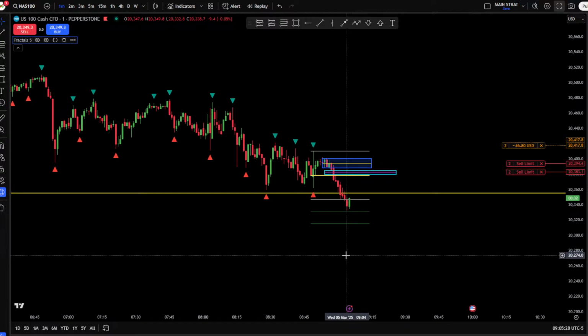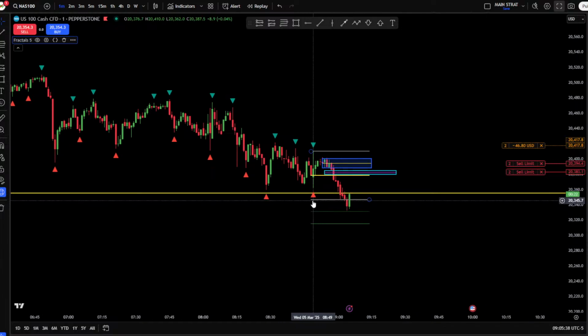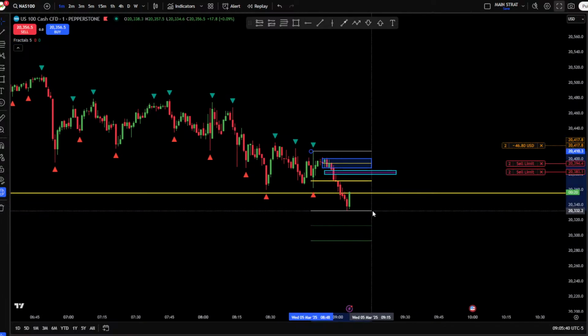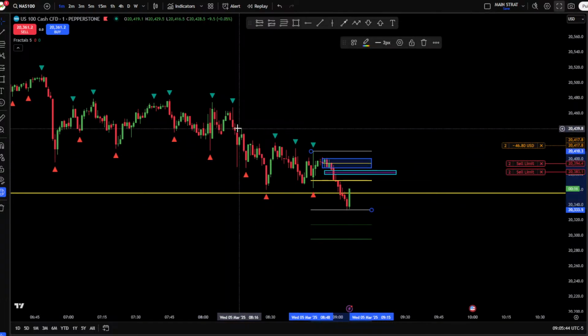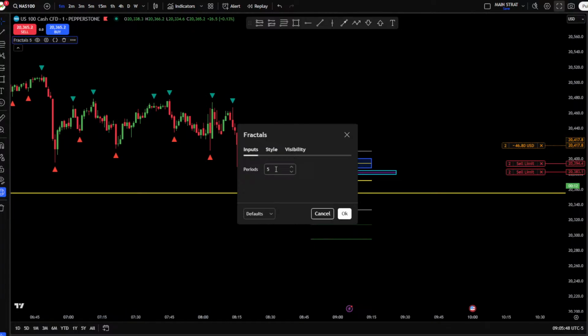The other fractal system that I had was good, it was just too cluttered. With this one I can adjust the settings. It's periods, and I put it at 5.